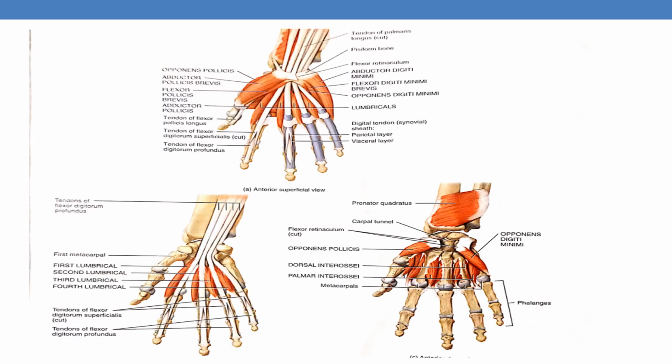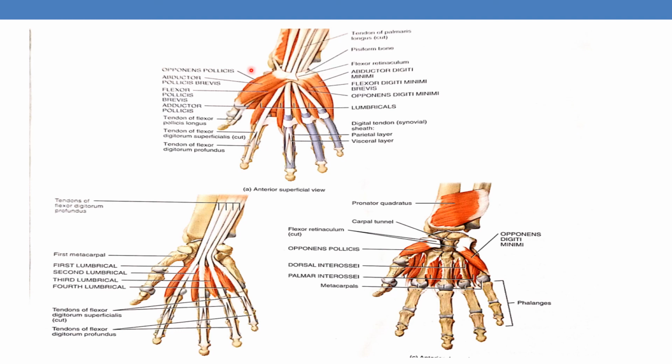Now here you can see the diagrammatic representation. This is the abductor digiti minimi. So this governs the little finger. Whereas this one is the flexor digiti minimi. And this one is the third one, opponens digiti minimi. This is the medial aspect.